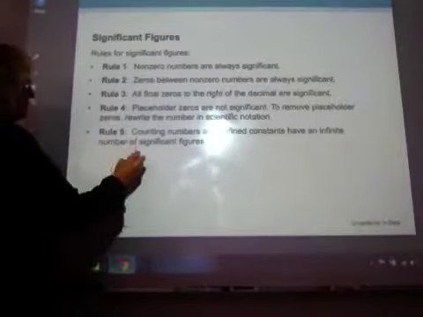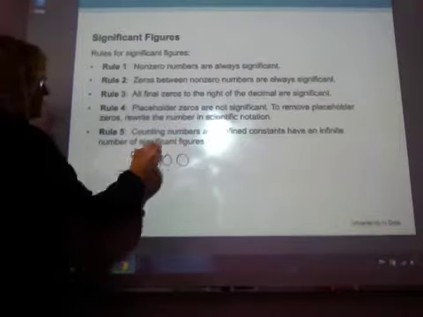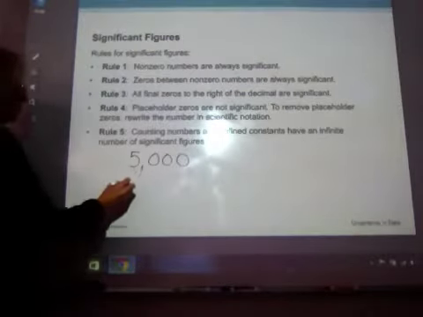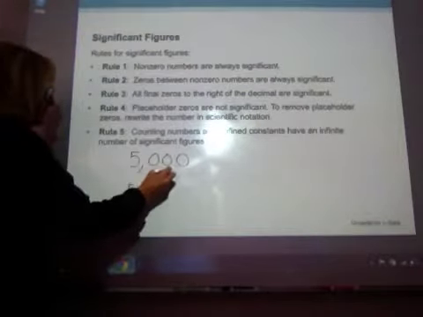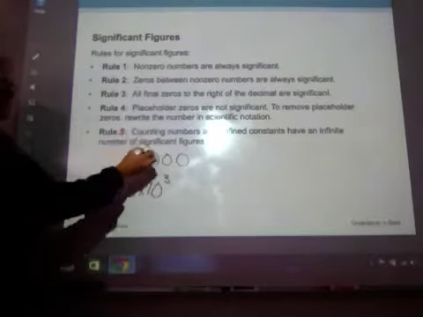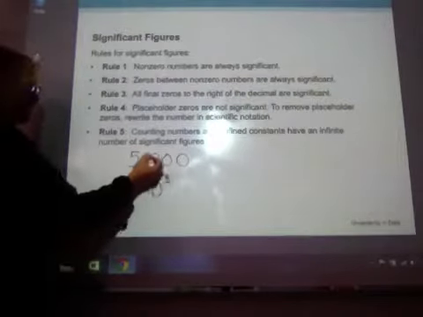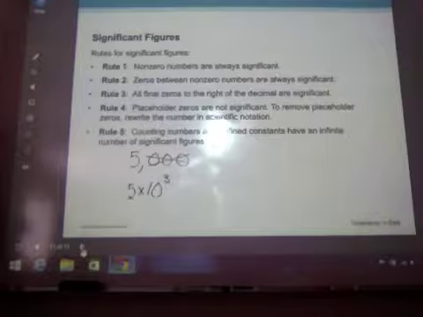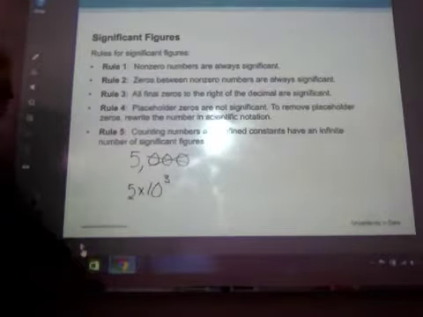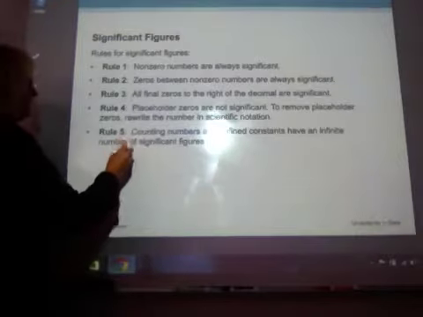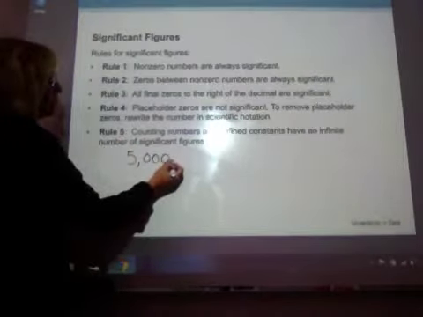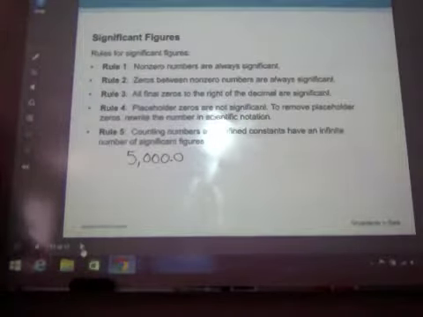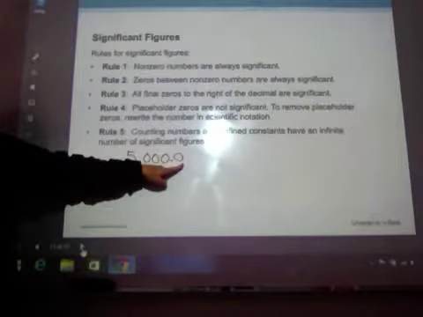The other example is if I do not have a decimal anywhere. If I have 5,000, I would write that 5 times 10 to the 3rd. There's no decimal. I have 1 significant digit; those zeros do not count. However, if I had 5,000.0, that is telling me that I used a measuring device that measures to the nearest tenth.